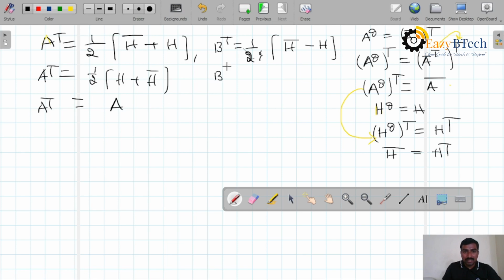Come to here, B transpose equals, if you take minus common, then you will get 1 by 2i into H minus H bar, it should be reversed.